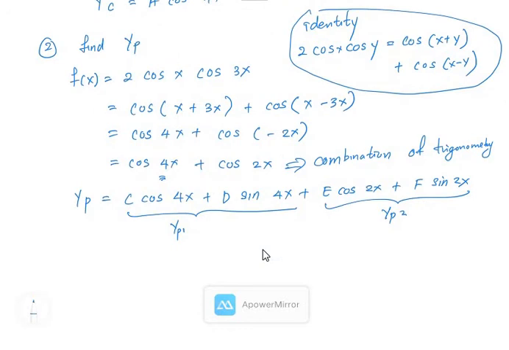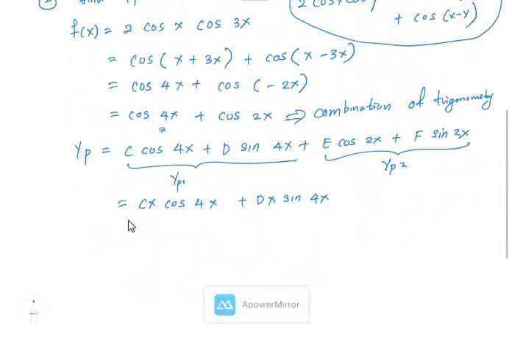Therefore, we have Cx cos 4x plus Dx sin 4x. This part we will assume as YP1 because it's the same. YP is the same as YC, so we separate it into two parts, YP1 and YP2. So this YP1 is Cx cos 4x plus Dx sin 4x.